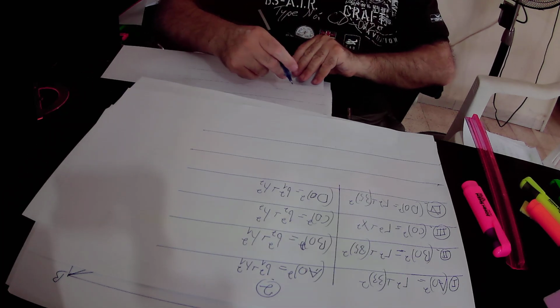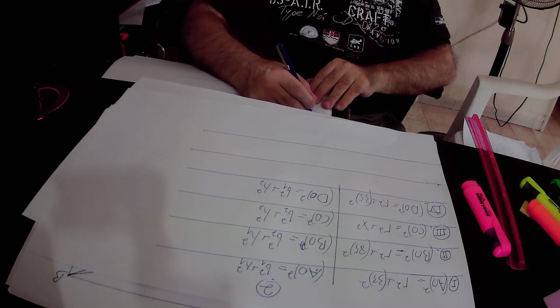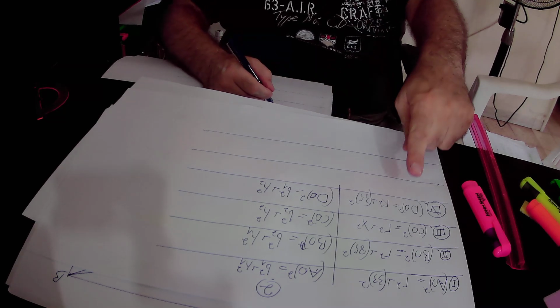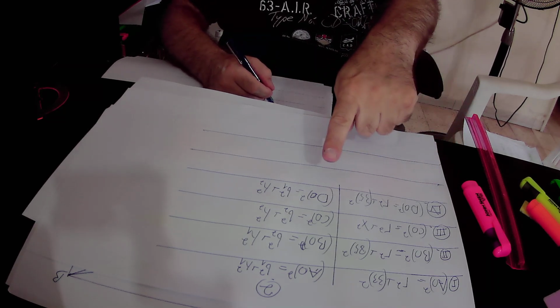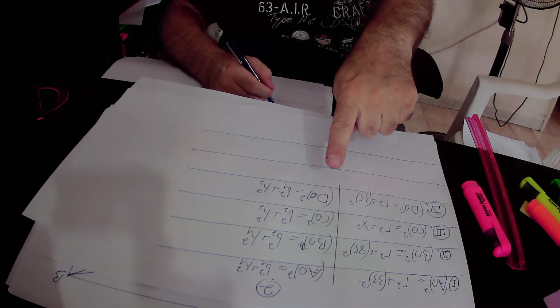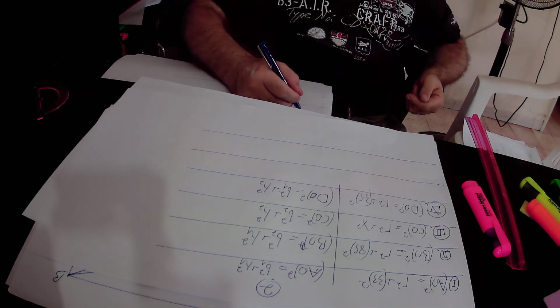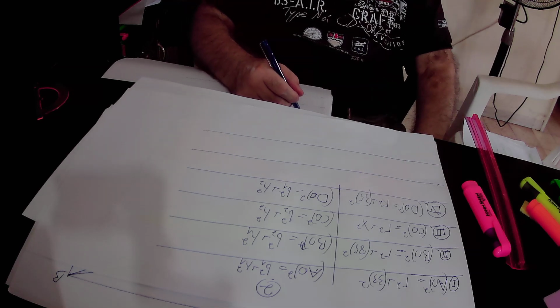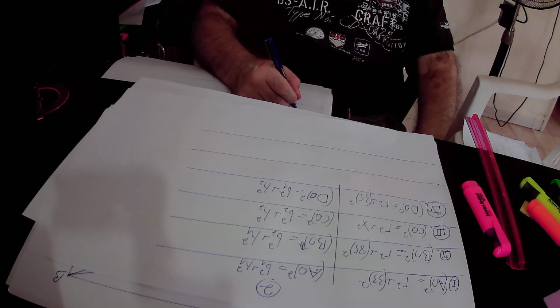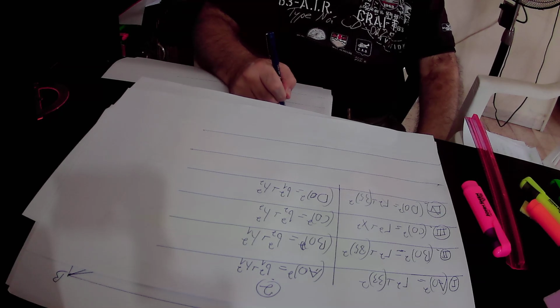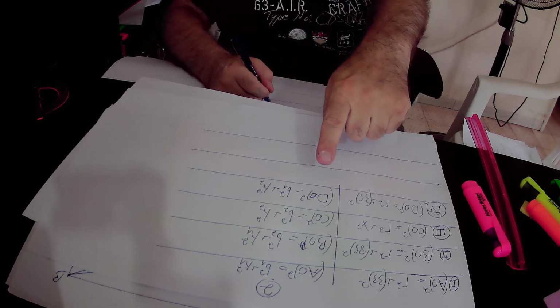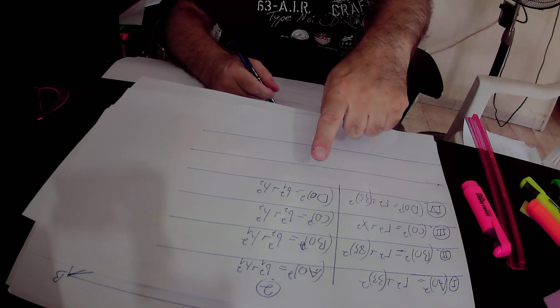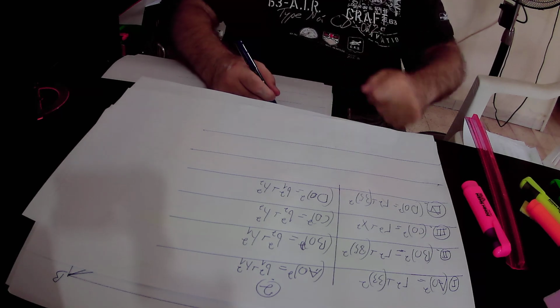The next step, we create equation number 3 that states that CO squared according to equation number 1 must be equal to CO squared according to equation number 2. So CO squared according to equation number 1 is R squared plus X squared, and it must be equal to CO squared according to equation number 2, that is B2 squared plus H2 squared.